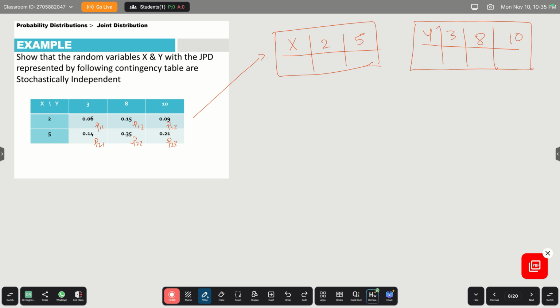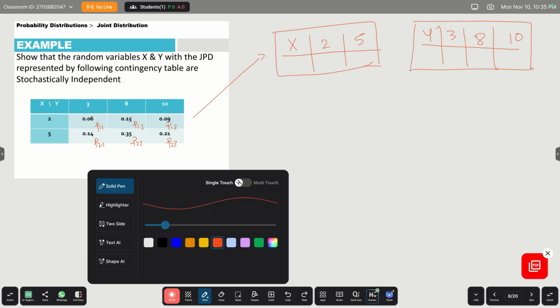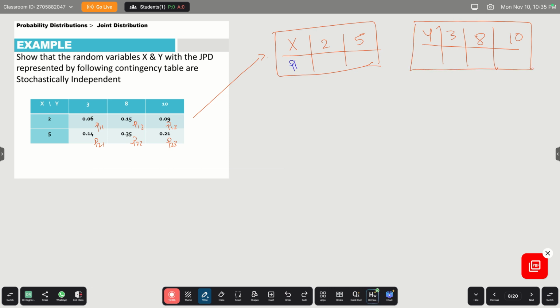So what are the corresponding probabilities? The first value of x is 2. X is 2 means, in the first row, 0.06 plus 0.15 plus 0.09. So this sum is going to be 0.3.